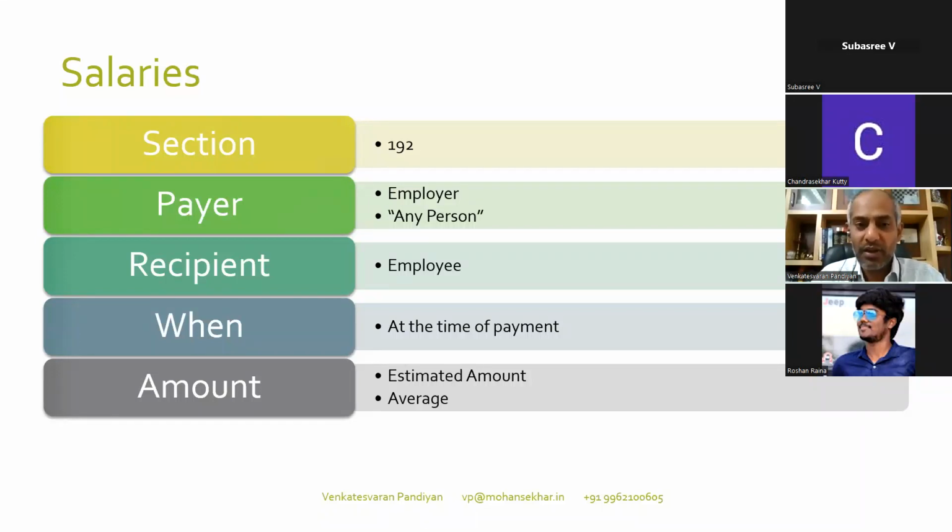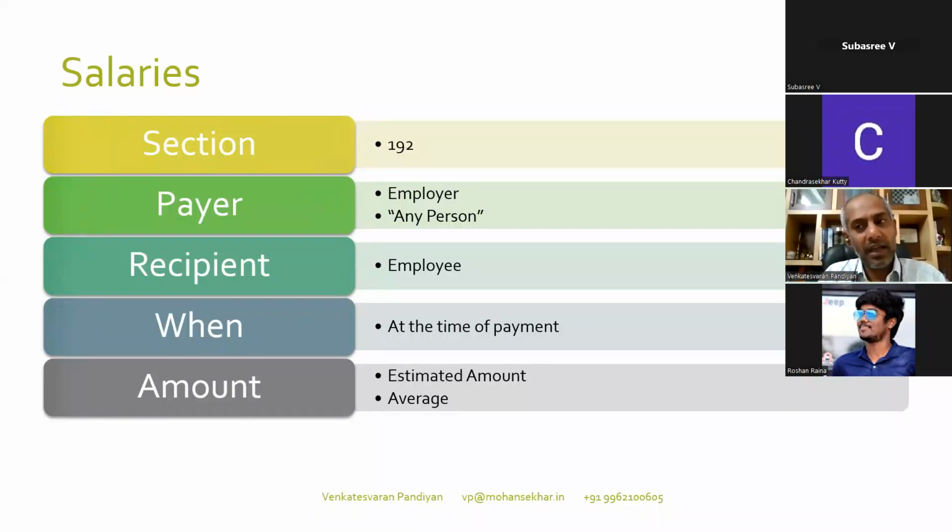While most of the sections of TDS talk about a payer who is any person other than an individual or HUF, when it comes to salaries, everyone is covered, even an individual who employs a person on whom a salary is paid which exceeds the basic exemption limit, which is rupees 2,50,000 of taxable income. Then TDS is deductible.